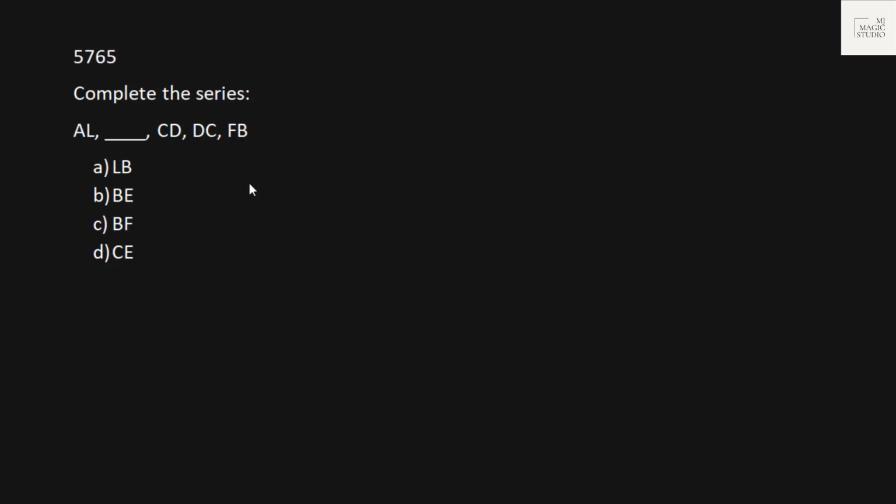Let's complete one more. Okay, it can be observed. A, B, C, D, E, F, then. Okay, so it is 1, L, 12. We have a gap. C is 3, 4. D is like 4, 3. And F is 6, B is 2. So we're getting 1, 2, 3, 4, 5, and then 6. 2, 3, 4, and then the gap.